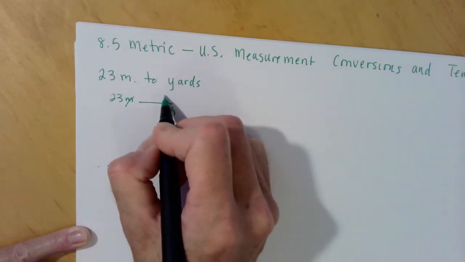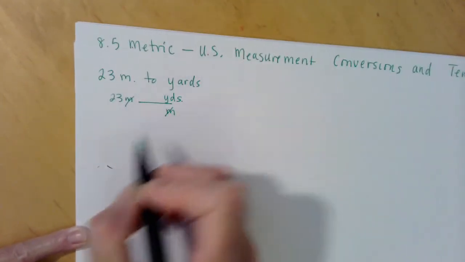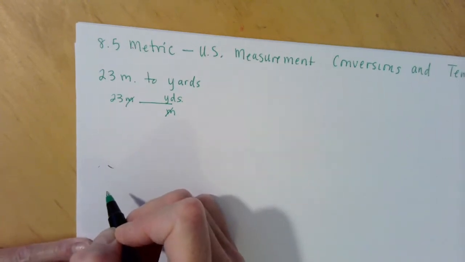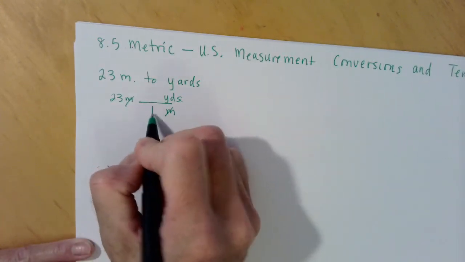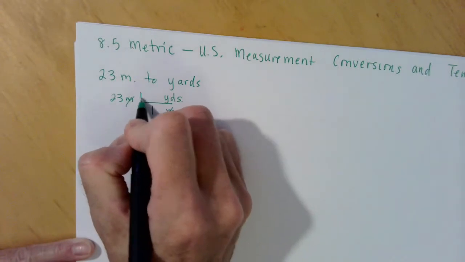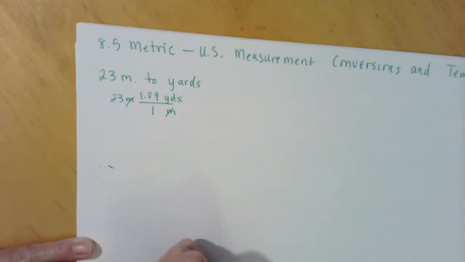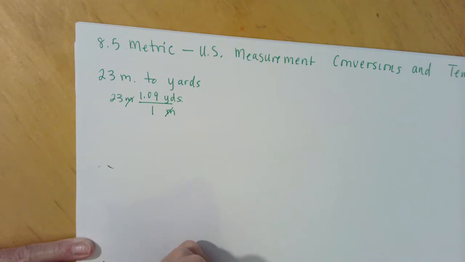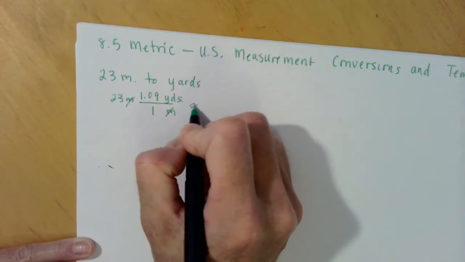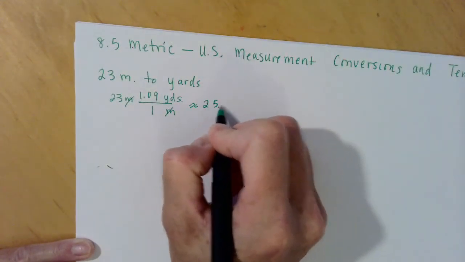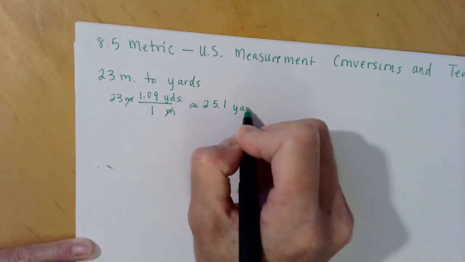And we want our answer to be yards. So now look at your chart that I just showed you, and it tells you that 1 meter is the same as 1.09 yards, isn't it? So now you just have to punch in your calculator or write it out and do the multiplication. But we get that it's approximately 25.1 yards.